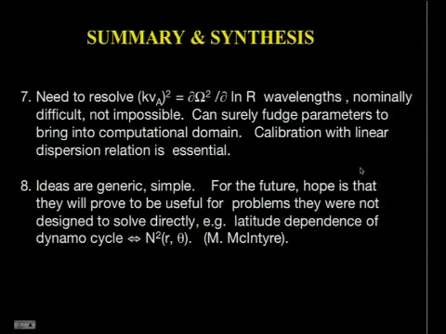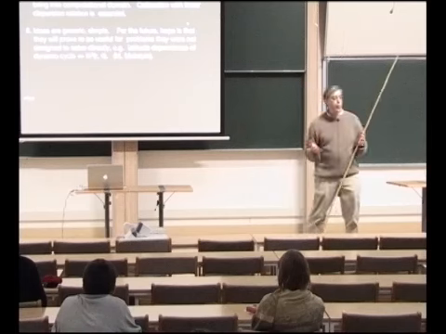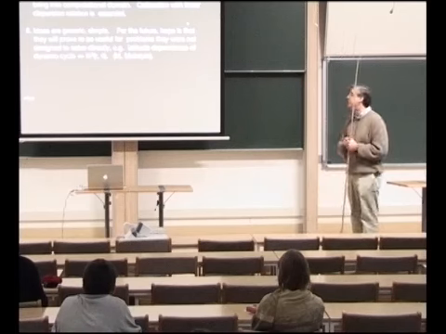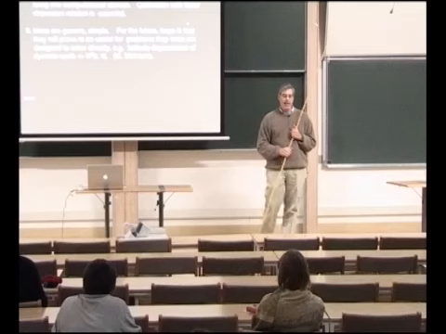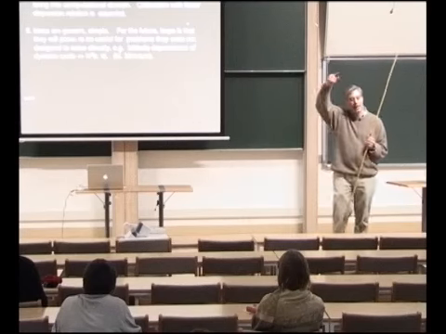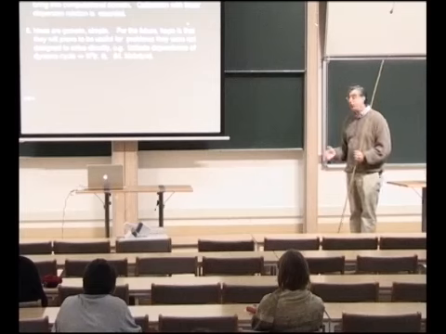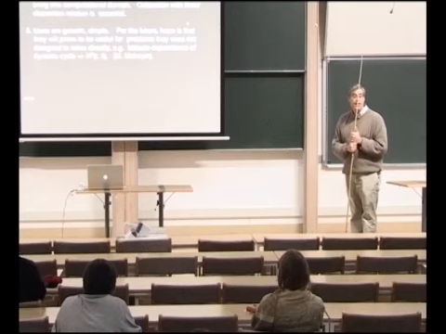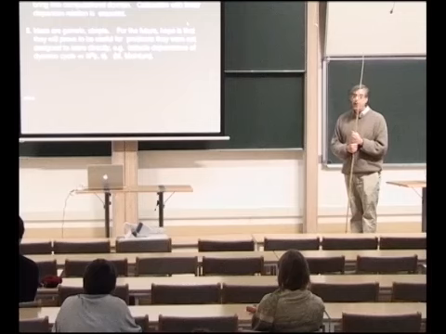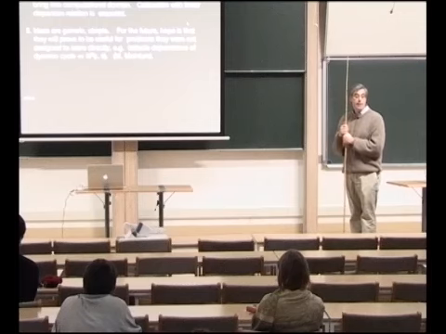And so for the future, my hope is that these ideas will prove to be useful for problems that they were not designed to solve directly. Mike McIntyre had the interesting idea, which he communicated to me just recently, that perhaps the latitude dependence of the dynamo cycle, the fact that it tends to occur more favorably along equatorial latitudes rather than polar latitudes, may be related to the fact that the entropy stratification is stable at higher latitudes and more unstable at low latitudes.